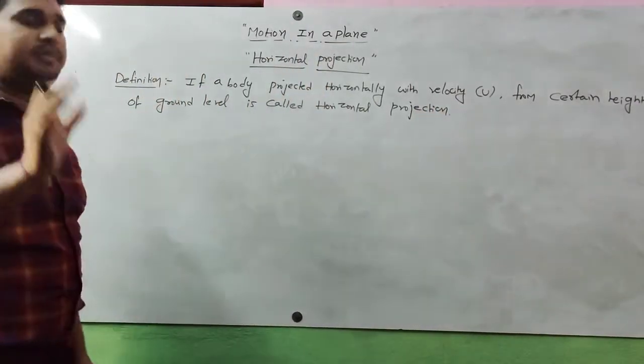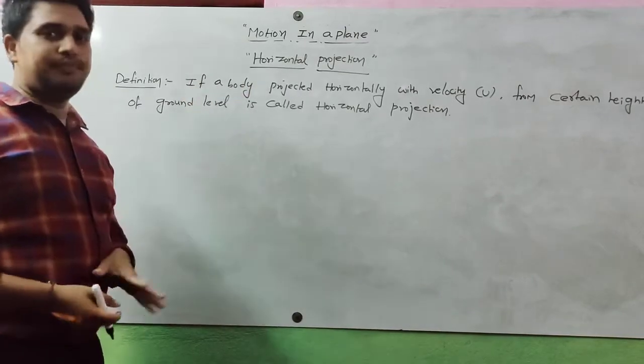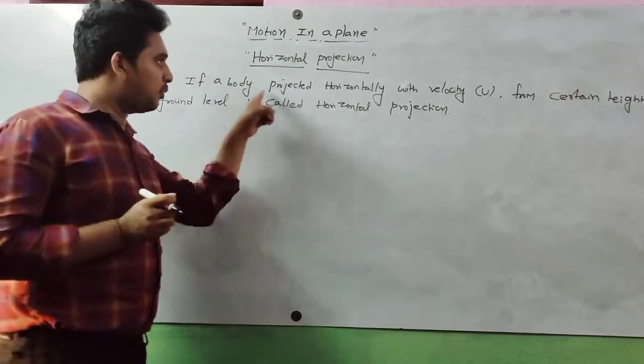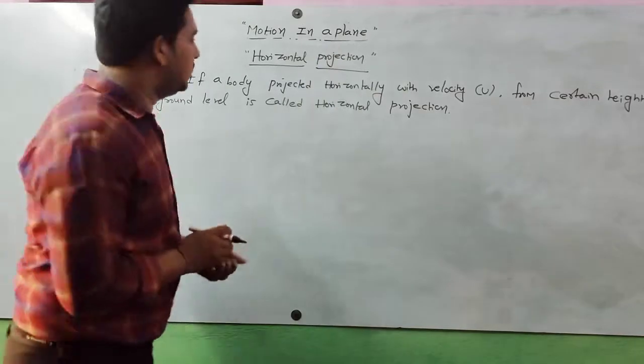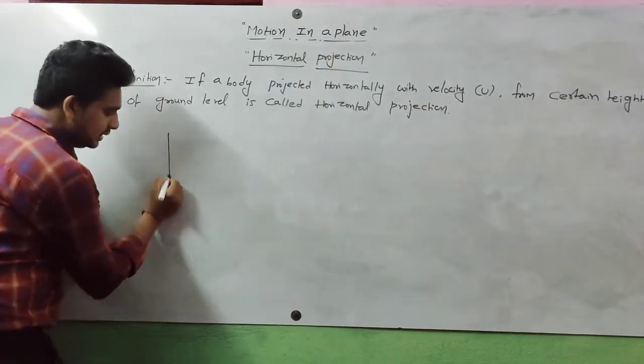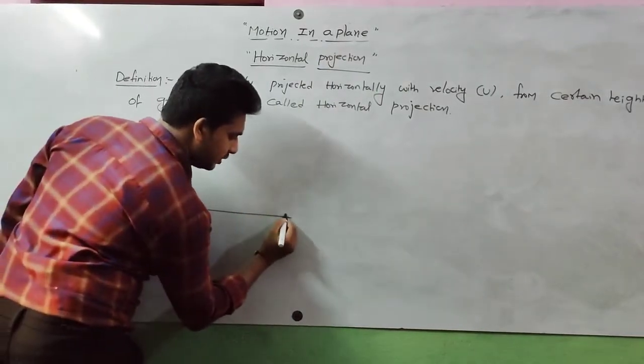Observe carefully the definition. If a body is projected horizontally, how do we represent it in a diagram?